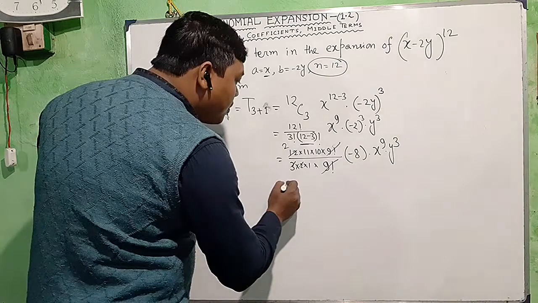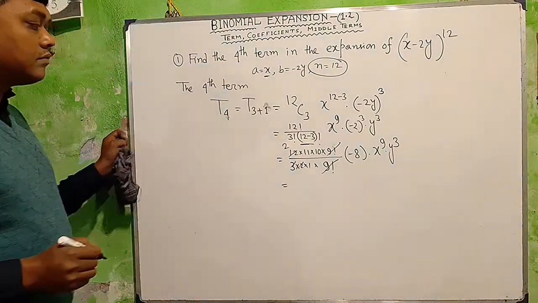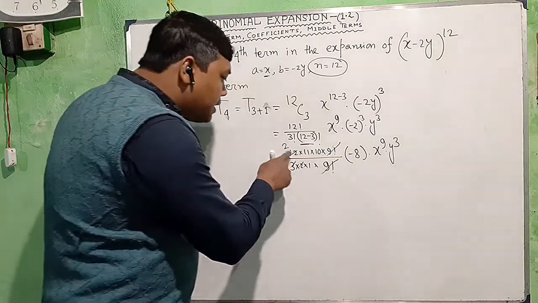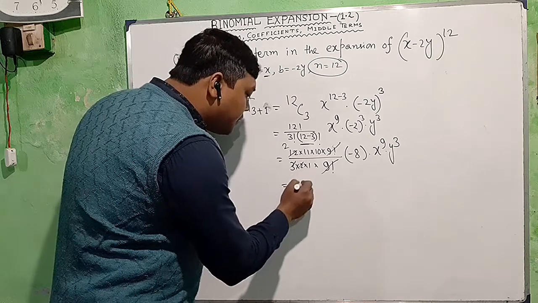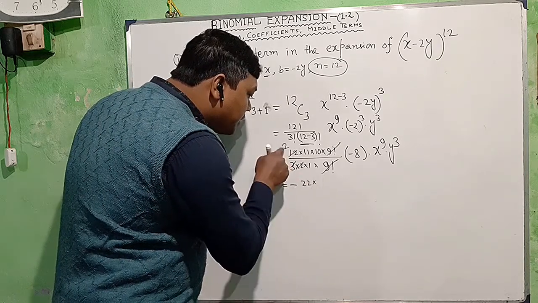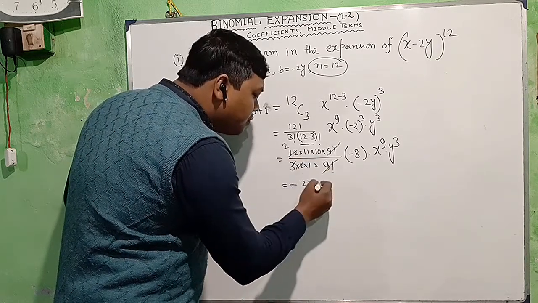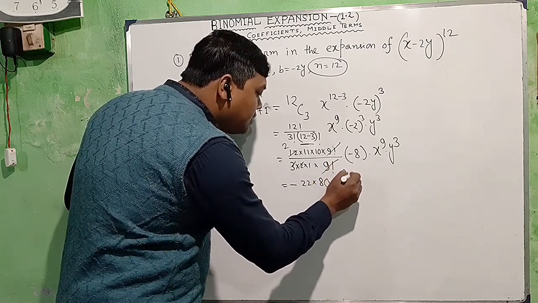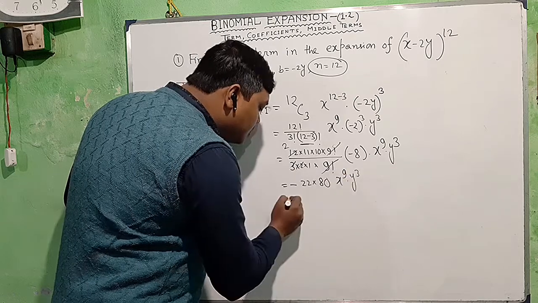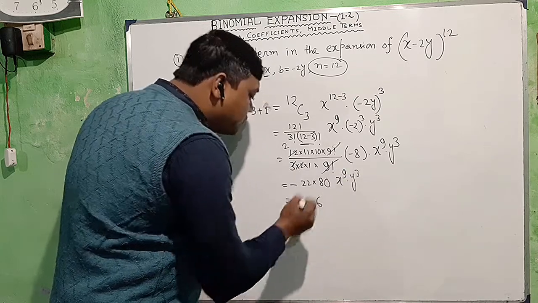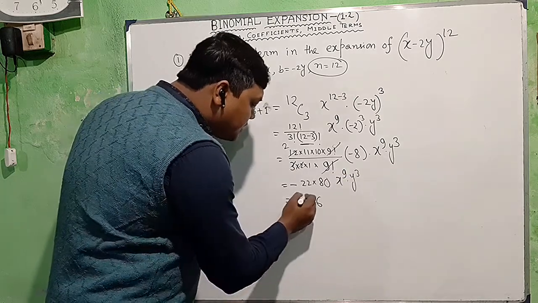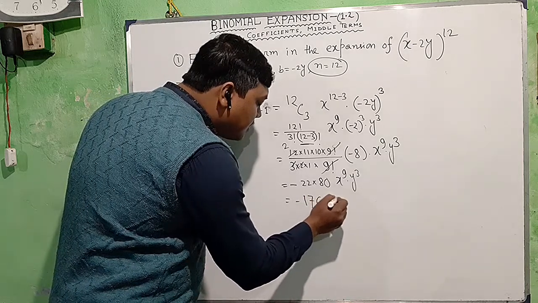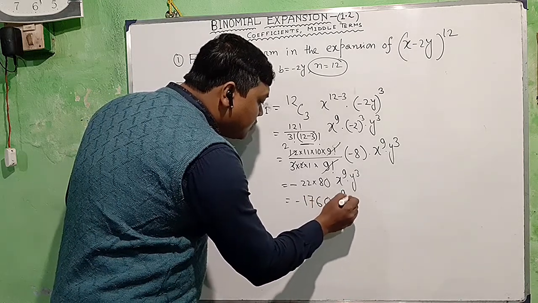Okay, so we have gotten 2 into 11, 22 into 80, that negative sign, x to the power 9 into y cube.